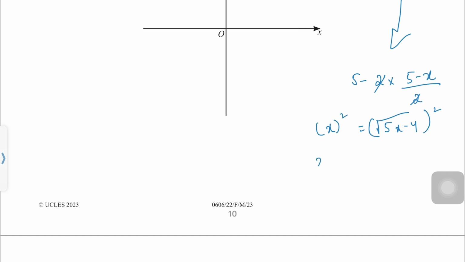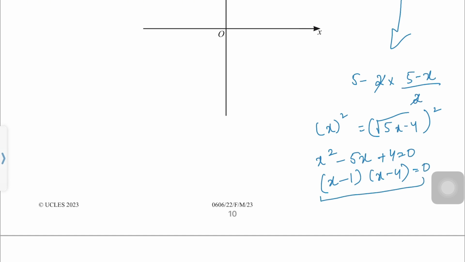We'll get this as x squared minus 5x plus 4 equals 0. So we'll be getting this as (x minus 1)(x minus 4). Let's just put it in the calculator and we'll be getting this answer.